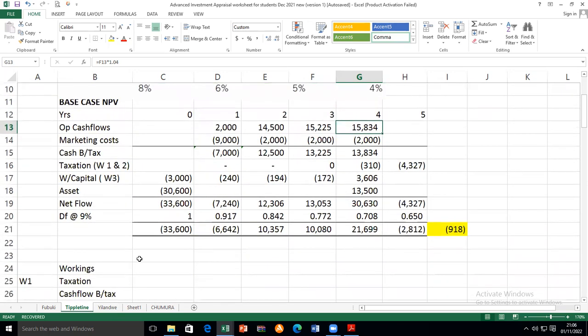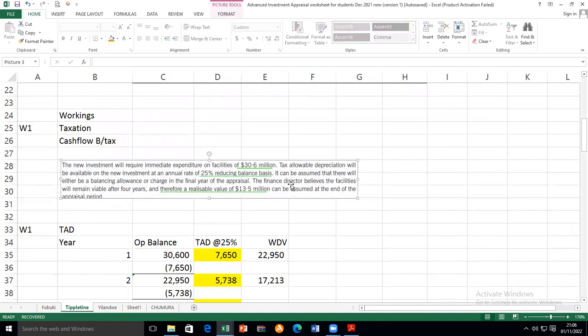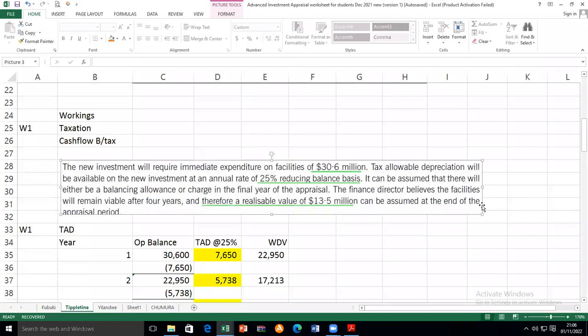So let's discuss the taxation. The tax allowances are 25% reducing balance. In the final year, there's 13.5.